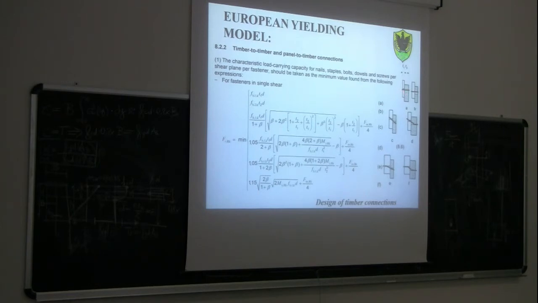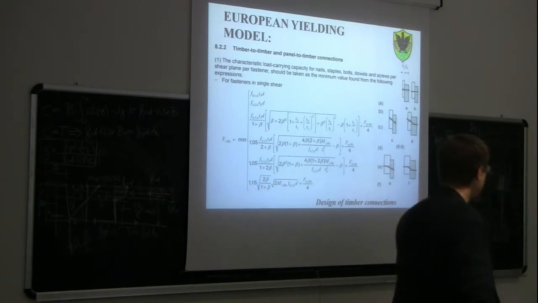Then we have another failure mechanism, number B, which is similar to before, but in this case, the weakest timber element is not the left one, but the right one. So now you see that plasticization is occurring in the right member of wood. Again, crushing or embedment, but in the right member.